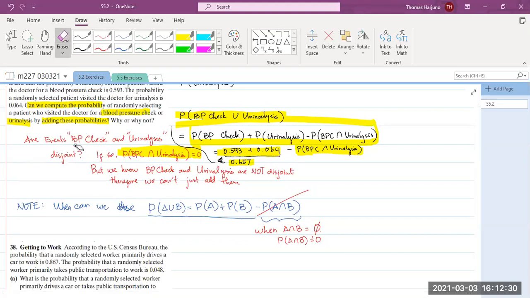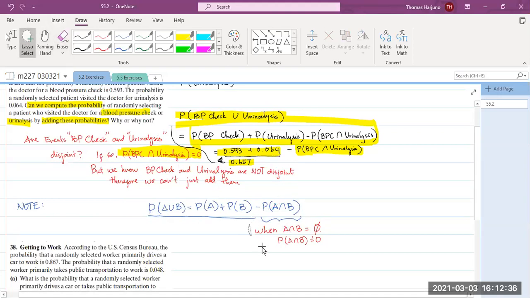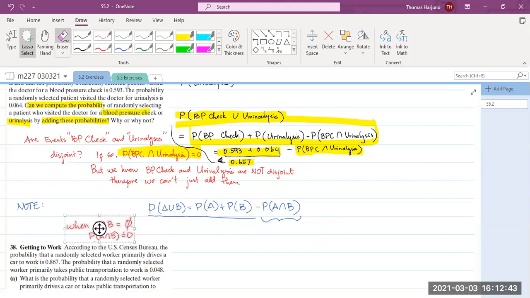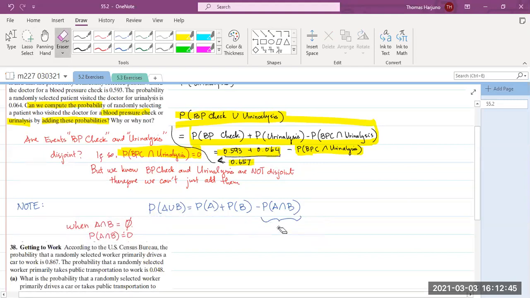So let me rewrite that. I will say it this way. So that's the general formula.